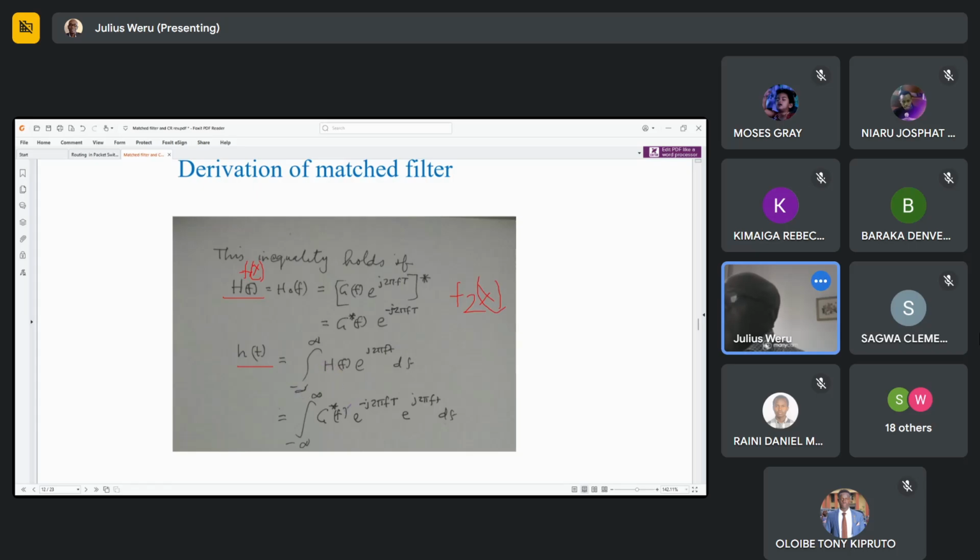So from here we can replace H of f. The condition for our inequality means H of f is equal to this, so we can replace this H of f with this.